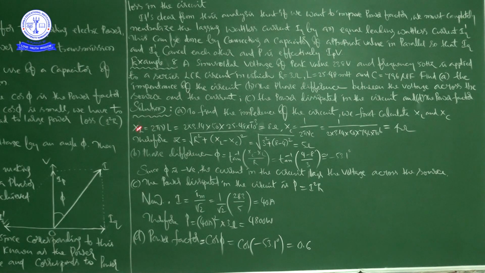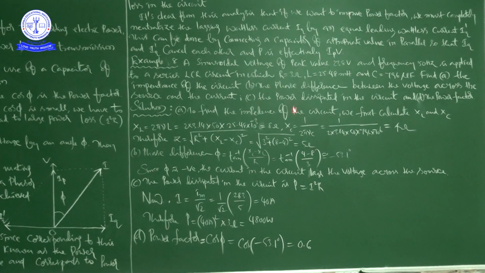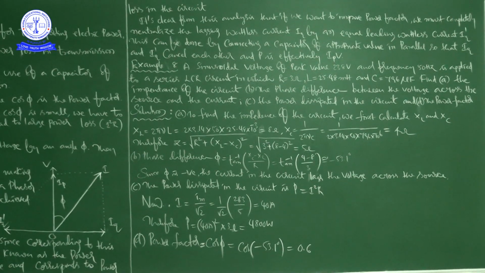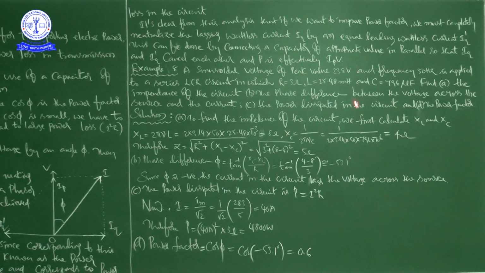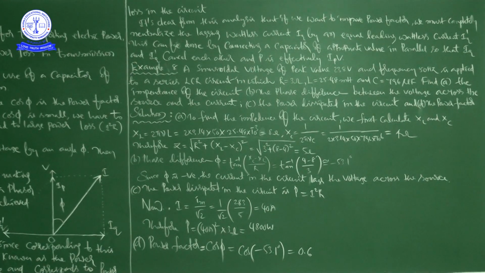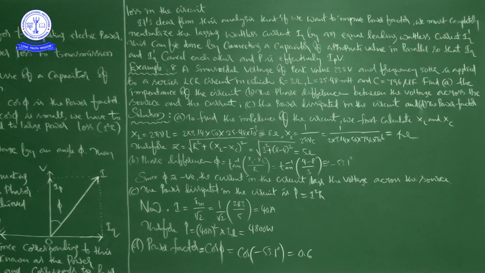Not circuit, source and the current. Okay, right. C is the power dissipated in the circuit. And D is the power factor. So 4 things we have to find here.